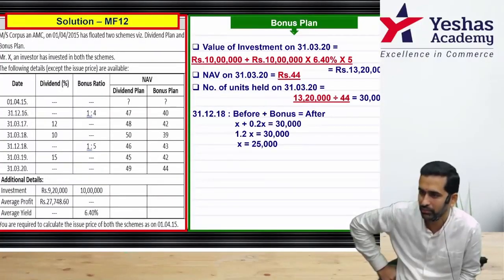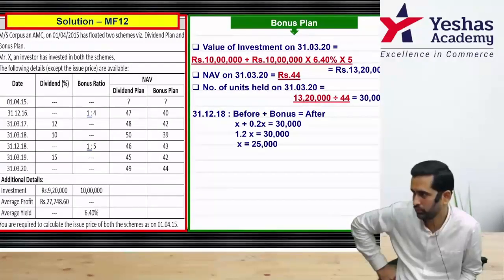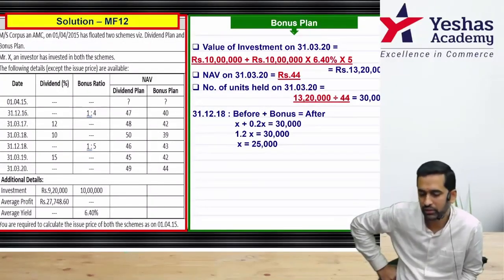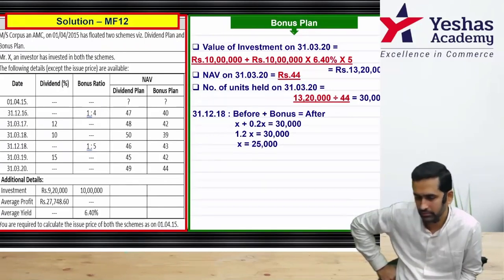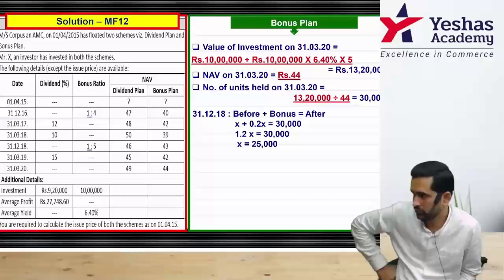So we can take it as 1/5, which is 0.2. So if you're holding 1 unit, you get 0.2 units. That means you can directly write 0.2x. X plus 0.2x. Actually it is x plus 1/5x. 1/5 is 0.2. So it's okay. And after the bonus it came to 30,000. So when you solve the equation, 1.2x is 30,000. Then x will be 25,000.